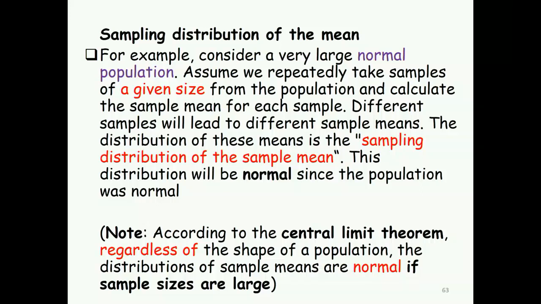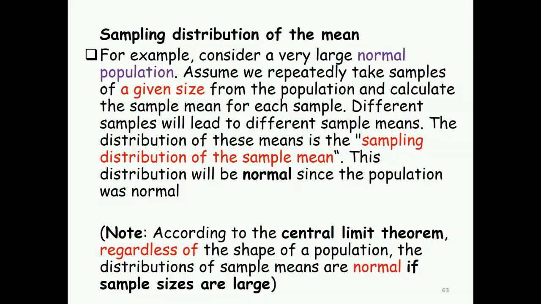For example, consider a very large normal population. Assume we repeatedly take samples of a given size. I take a sample of 5, sample of 5, sample of 5, all possible samples from the population, and calculate the sample mean for each sample. Different samples will lead to different sample means, definitely.